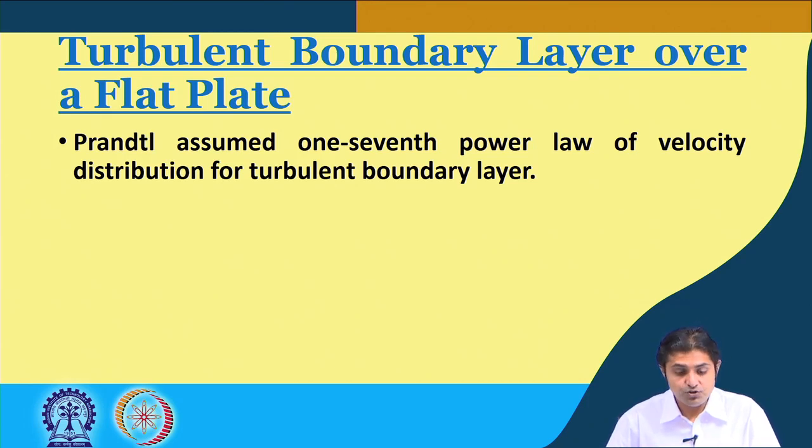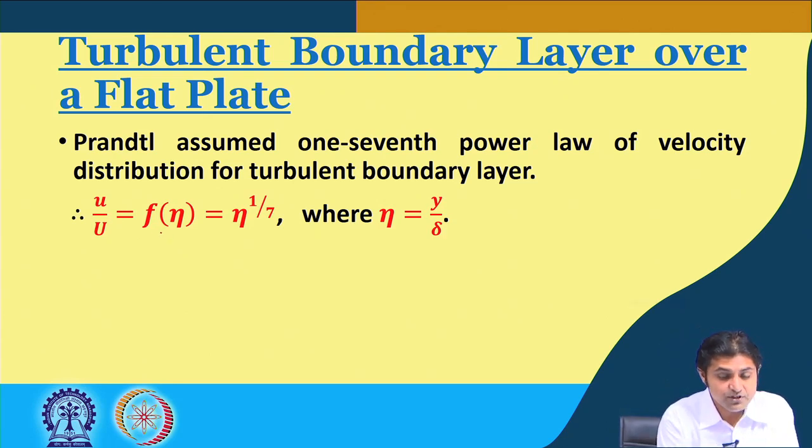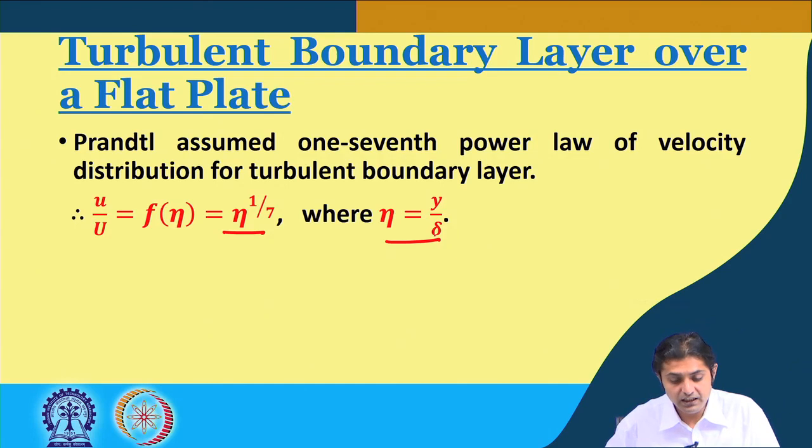Actually, Prandtl assumed a 1/7 power law of velocity distribution for turbulent boundary layer. That was his assumption, and he said for turbulent boundary layer, small u by capital U is a function of eta, that is eta to the power 1/7, where eta, the usual meaning, is eta equal to y by delta. y is the distance above the plate and delta is the boundary layer thickness.